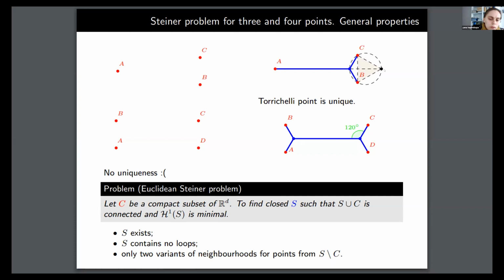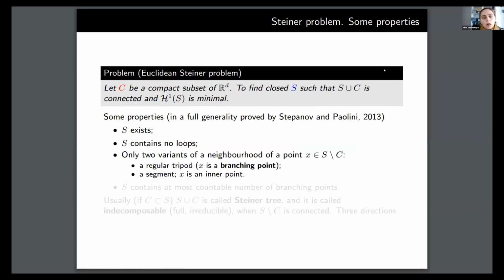There are some things which we know about the Steiner problem. We know that a solution always exists, that a solution cannot contain any loops, images of circles. And we know that every point of a Steiner tree outside the given set can have one of two neighborhoods.